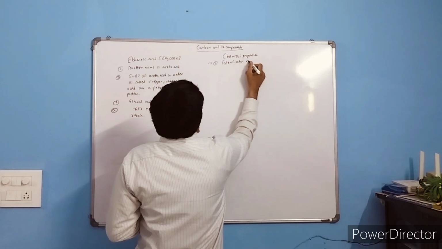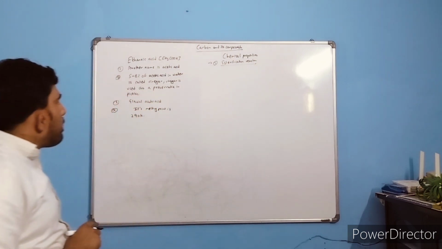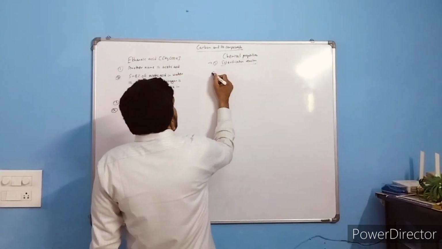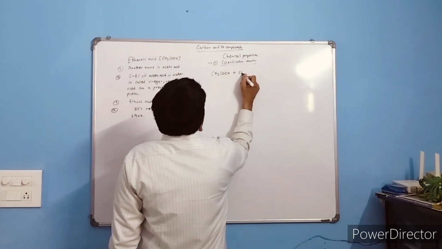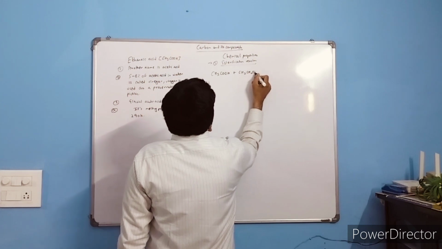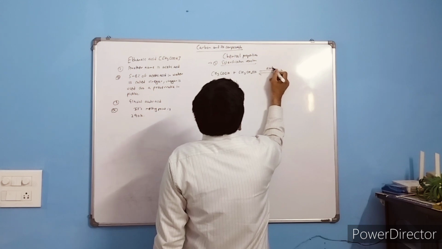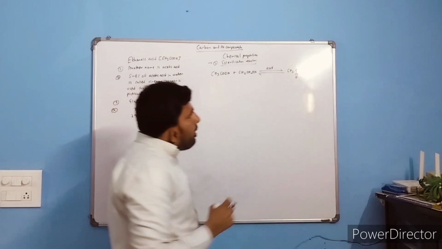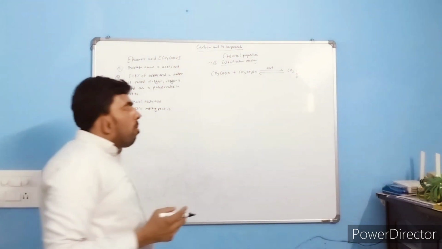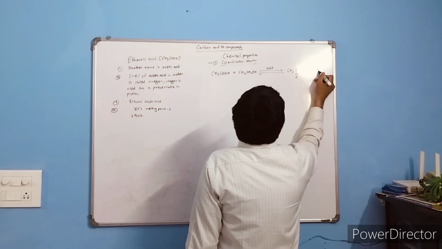Let me show how we can write it in reaction form: CH3COOH plus CH3CH2OH, with acid, gives CH3COOCH2CH3 plus water.